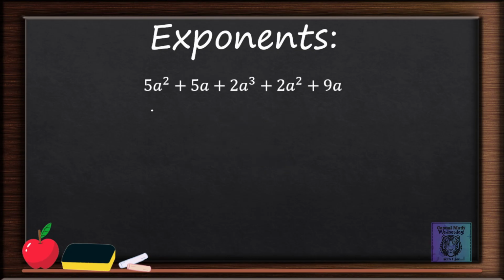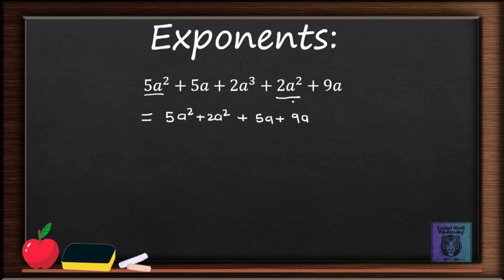So in this equation, we can quickly spot the 5a and the 2a. Just to make it easier on the eyes, let's rewrite the whole thing. Let's say 5a squared plus 2a squared plus 5a plus 9a.